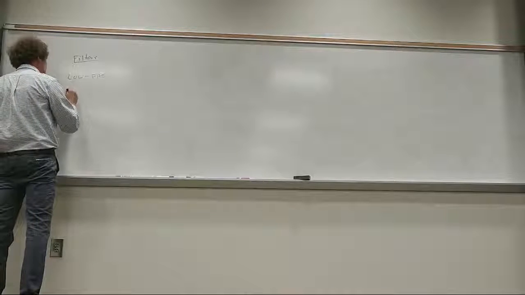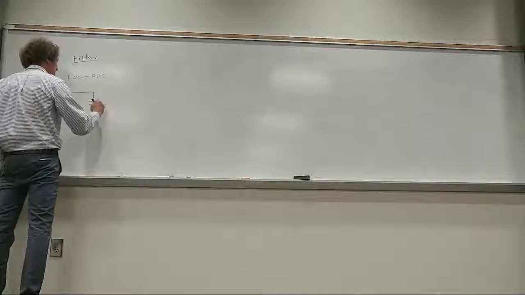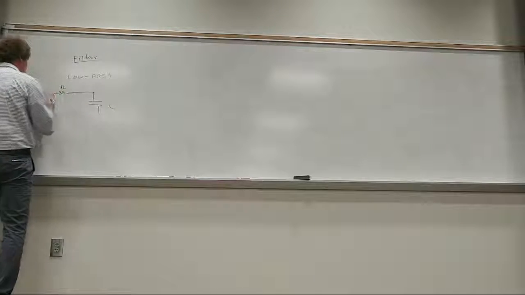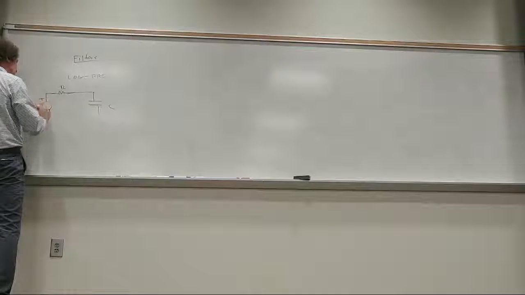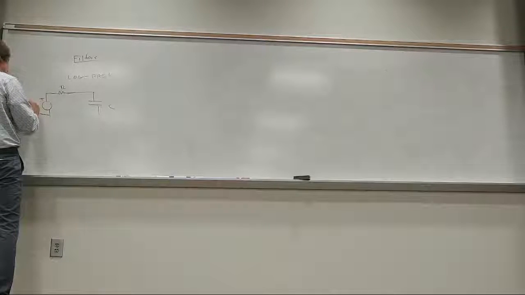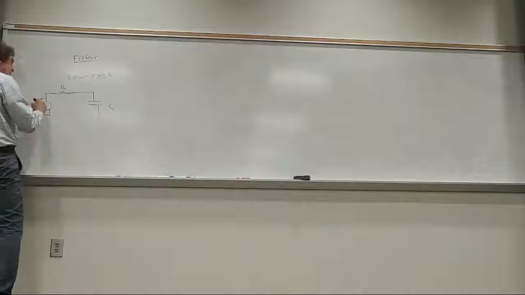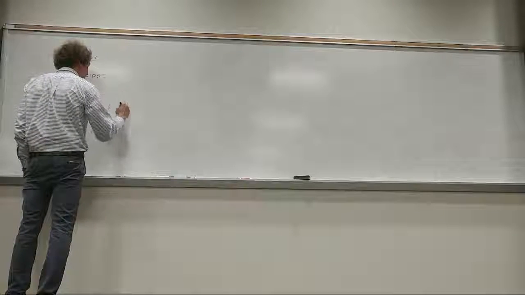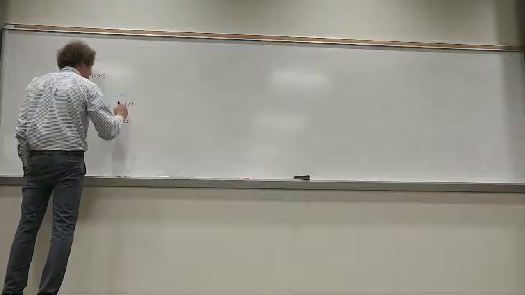If you just want to say that I have a capacitor C and a resistor R, and then I have my input here, I'll call it X of t, and my output here would be Y of t.